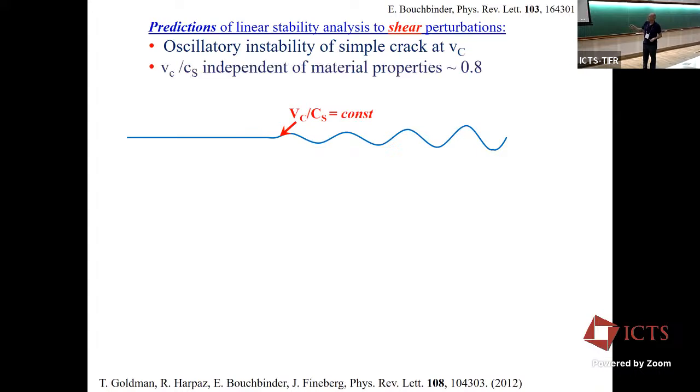The critical velocity they predicted was 0.8 of the shear wave speed. What we measured is actually 0.9. So he screwed up there, but okay, he's a theorist, what can you do?